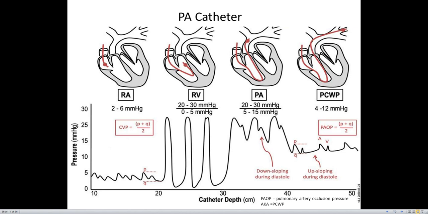If you look at this picture here, this PAOP is representative of pulmonary artery occlusion pressure, which is really the same as pulmonary capillary wedge pressure.